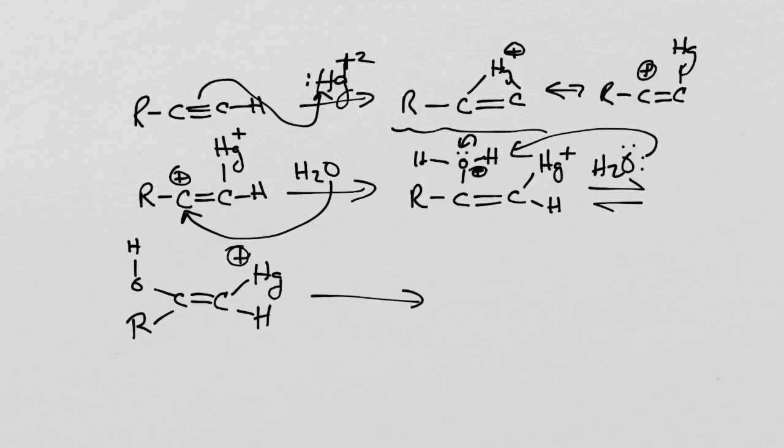And then under the acidic reaction conditions, we're going to do a redox reaction to get rid of the mercury.